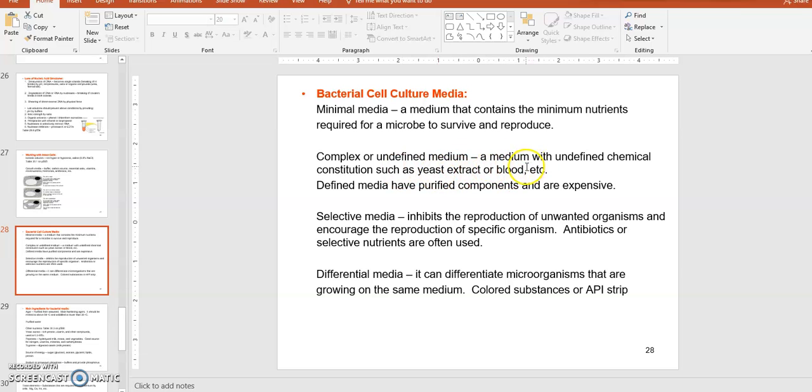Sometimes it could be blood of certain animals, which is a good rich source of nutrients that your cells need, because bacterial cells are what? Those are the decomposers. They used to live on dead bodies, so they'll be fine with those. And then selective media: if you want to grow only your cells, nothing else, you need to provide certain antibiotics. And differential media, besides the antibiotics, you can add different types of media to maintain the integrity of your cell culture.